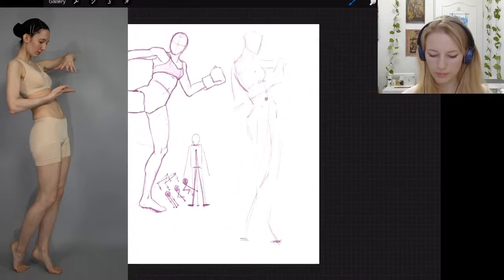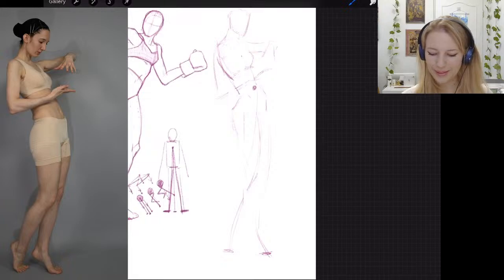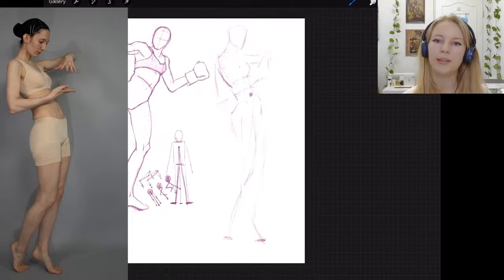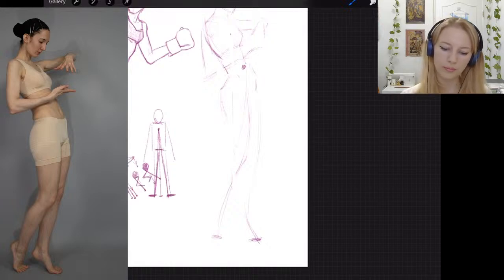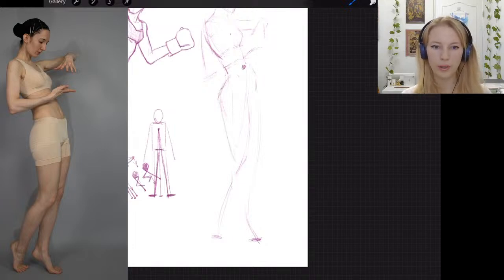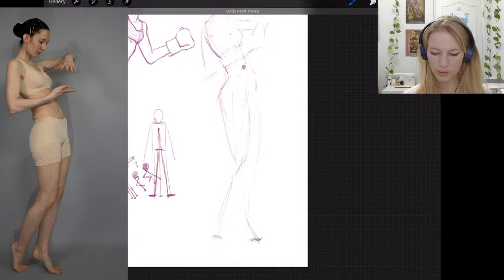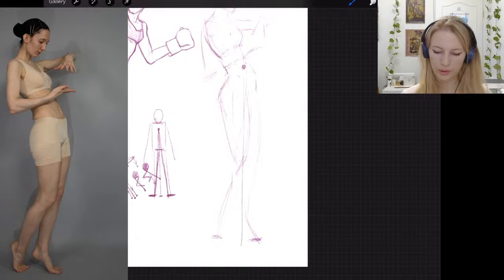And what I'm trying to get to here is that I just want to make sure that my figure doesn't fall down, that it has a more or less appropriate point of balance, let's call it this way. It should be somewhere here.